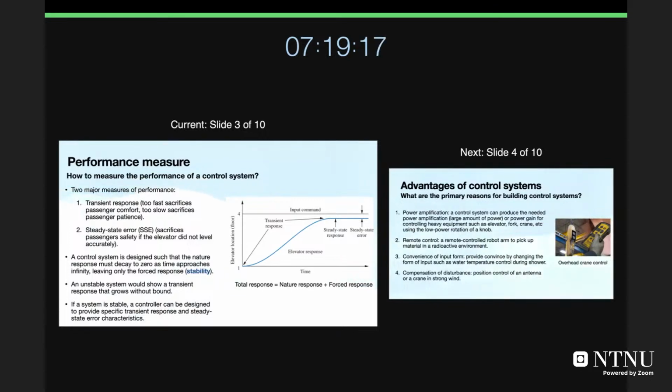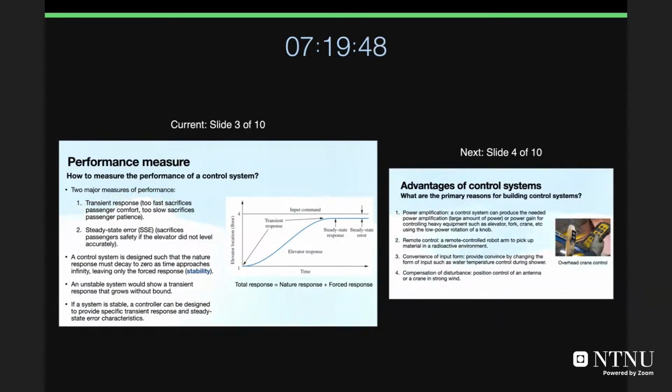If a system is stable, a controller can be designed to provide a specific transient response and steady state error characteristics. As I told you before, the transient response is a design requirement because in some applications, the transient response part is important and we need it to achieve some characteristics. For example, I need to have an overshoot of 10% or 15% or 20%. This overshoot is very important in some applications, such as when we need initial torque.